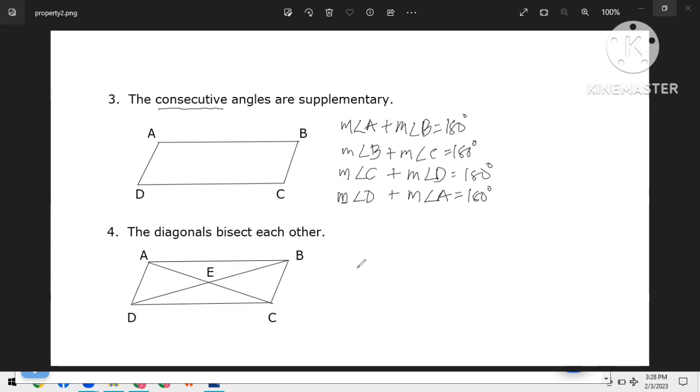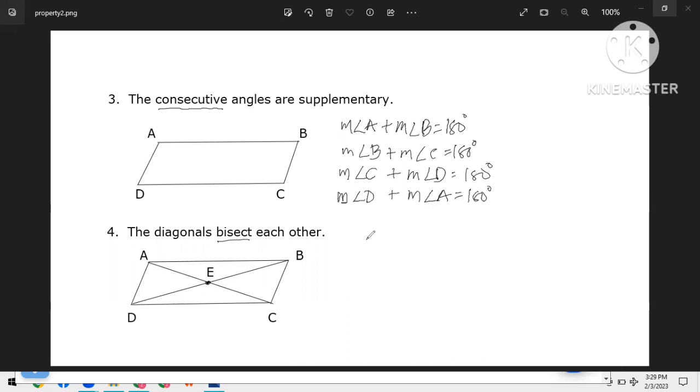Now, let's go to number 4. The diagonals bisect each other. Now, what do you mean by bisect? It means naghahatian silang dalawa. Diagonal AC bisects diagonal DB, and also diagonal DB bisects diagonal AC. Meaning to say, E is the midpoint for both of them.